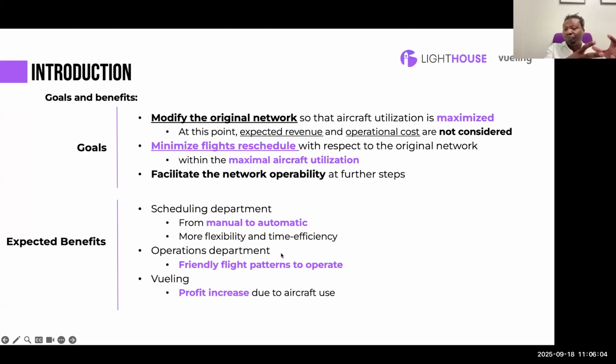The scheduling department will move from manual to automatic modulation, and they will gain a lot of flexibility and time efficiency. For the operational department, we can discover flight patterns that can help us make decisions and be more efficient. And obviously for Vueling, this could help a lot to increase their profit.